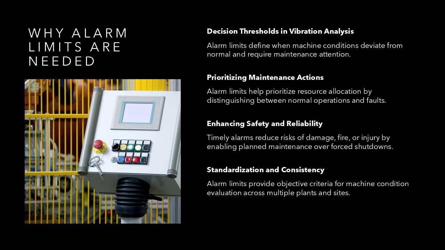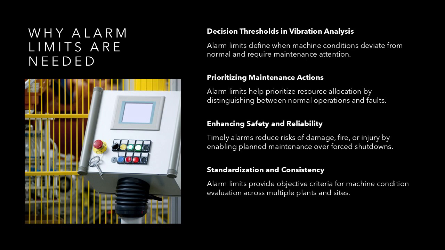This slide explains the engineering justification for defining alarm limits in vibration analysis. Alarm limits act as decision thresholds that indicate when machine condition has deviated from normal and requires attention. In an industrial environment, maintenance resources are limited, and not every increase in vibration warrants immediate intervention.